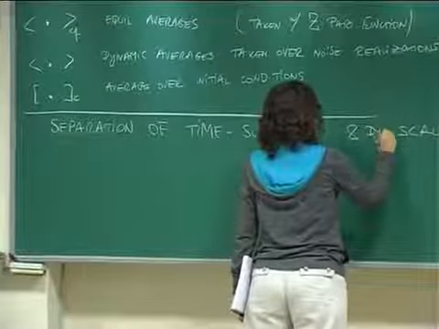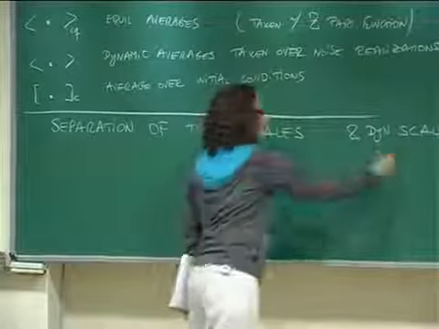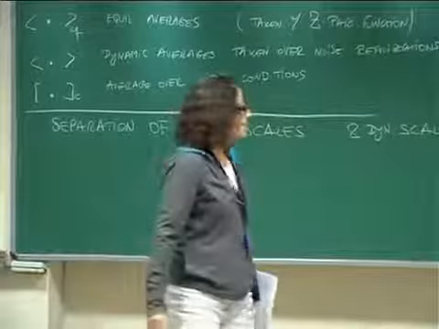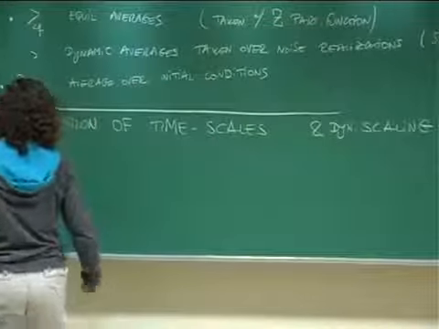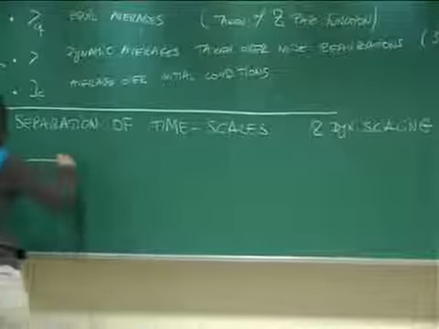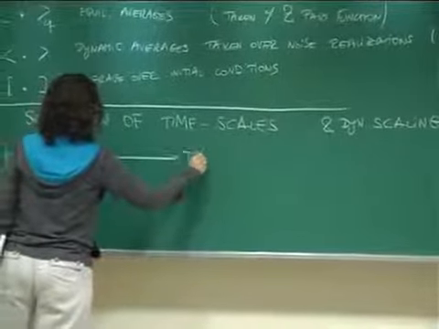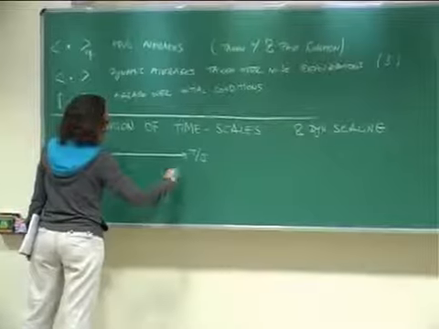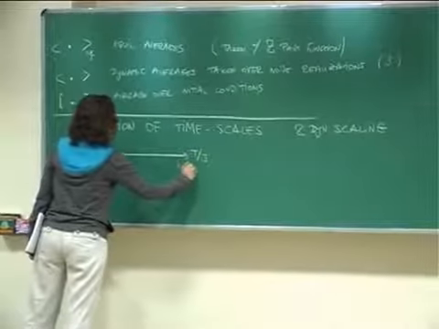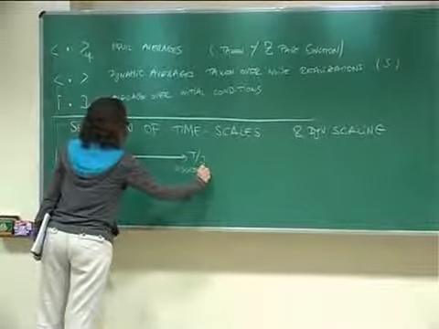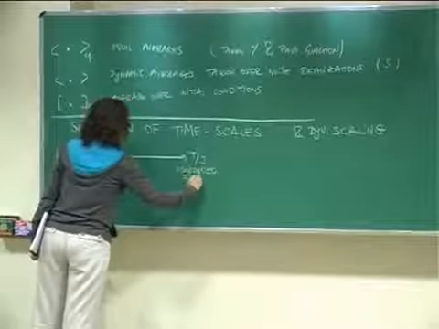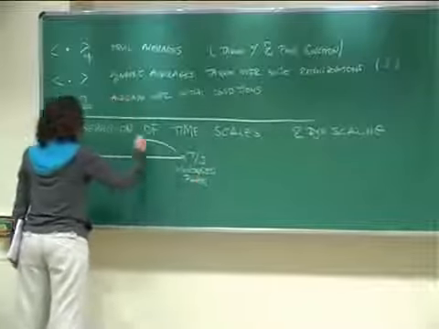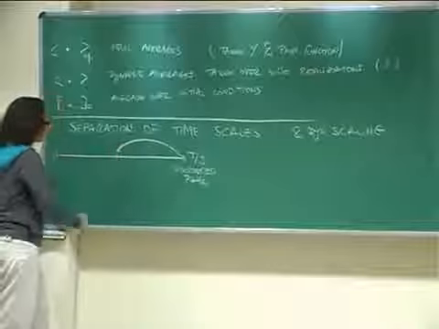Better said, dynamic scaling. So yesterday I started discussing the problem in which you have a control parameter, let me call it T over J. You start from a very high temperature initial condition, so in the disordered phase, and you quench the system to the critical point.